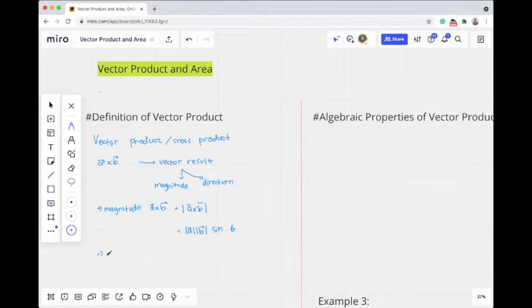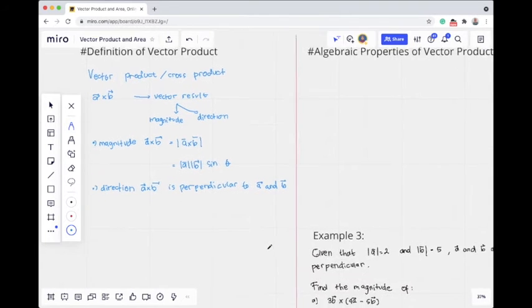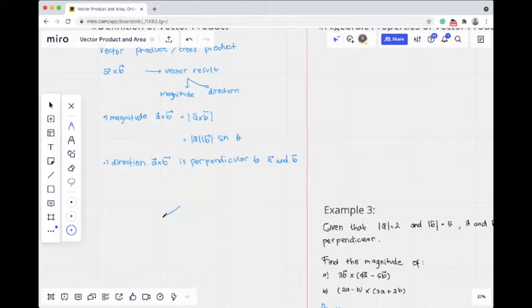And the direction of the result of A cross B is perpendicular to both A and B. So like this one, if I have this vector A here and vector B here, for example, then the result of A cross B is perpendicular to both A and B. A cross B here.